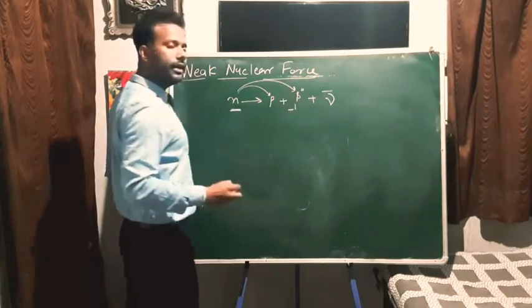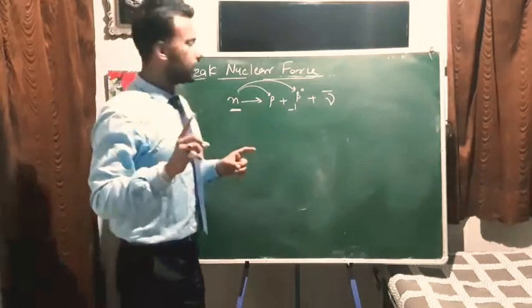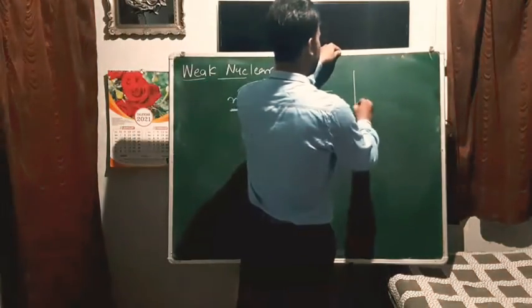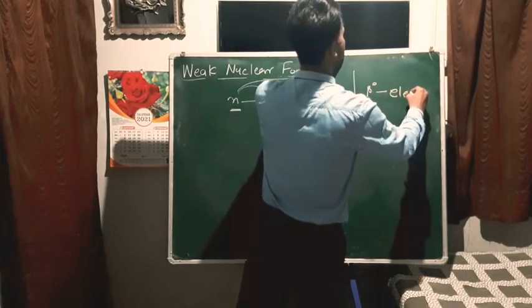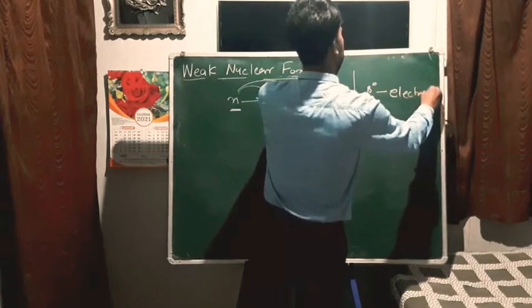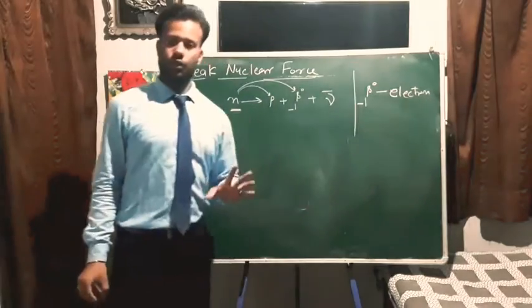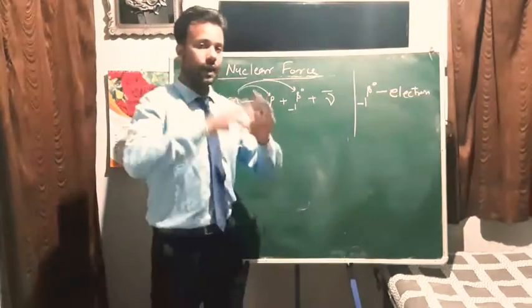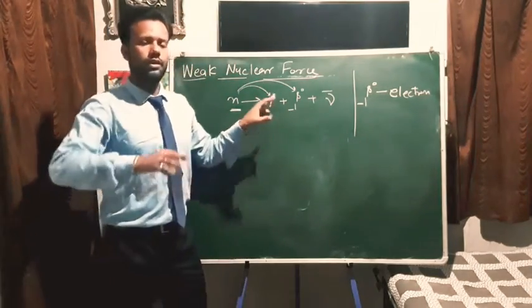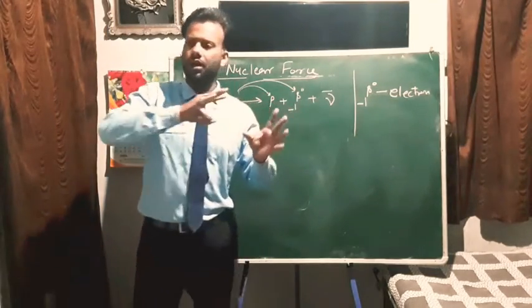A beta particle is nothing but simply an electron. That means the neutron is interacting with the proton. That is no problem, since proton and neutron are in the same category.